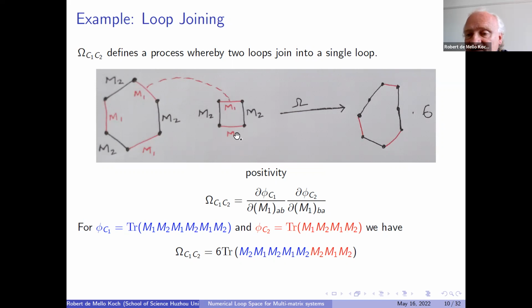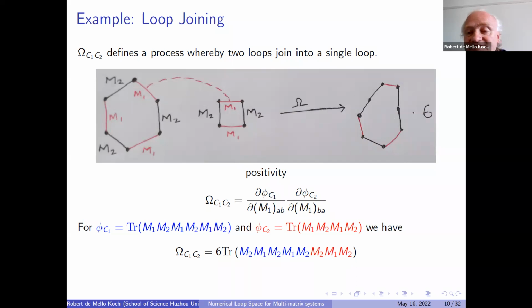When the derivative acts, it will remove an M1. So it could remove the M1 that I've linked with the dashed side. There's one M1 inside the first loop, one M1 inside the second loop. The derivative removes those two sides and connects the open big loop to the open little loop to form the loop that you see sitting over here.